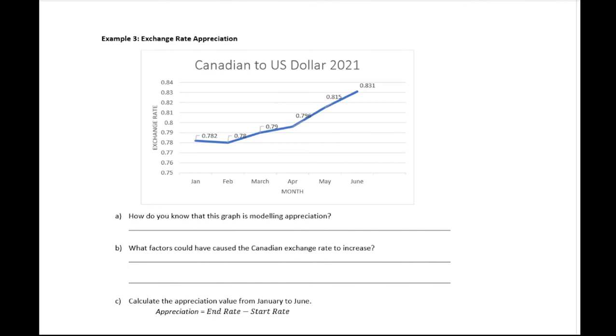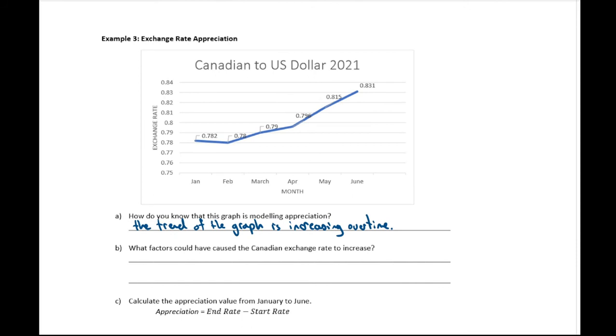How do you know this graph is modeling appreciation? So how do you know that we're seeing appreciation? And again, if you go back to the definition of appreciation, it means the value is increasing. So we see here the trend of the graph is increasing over time.